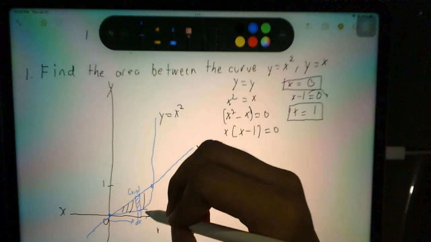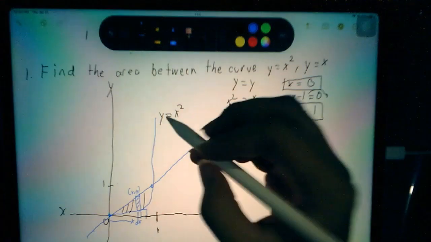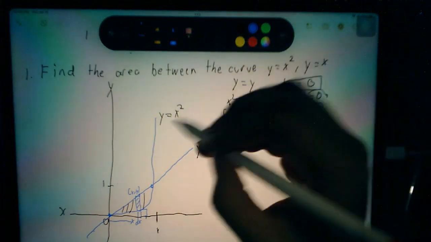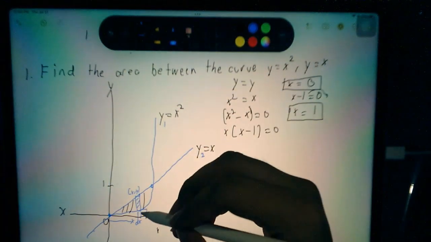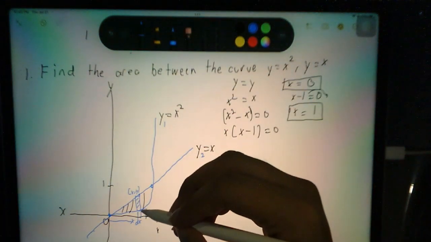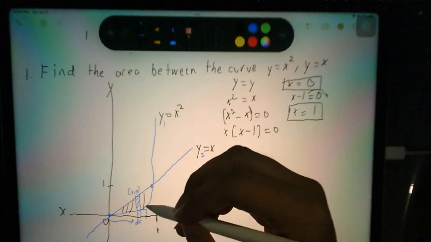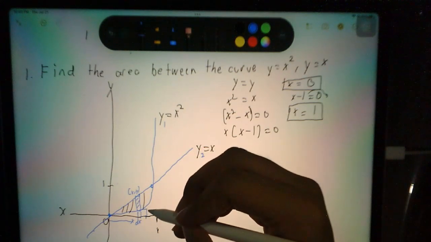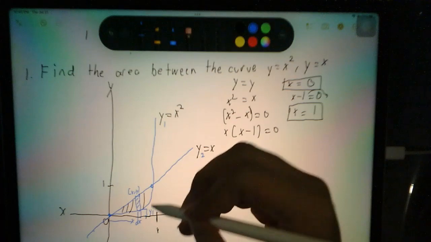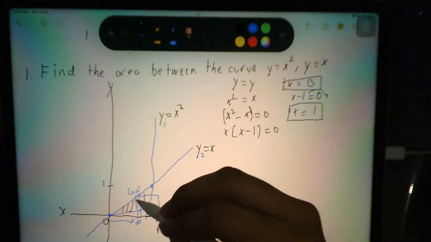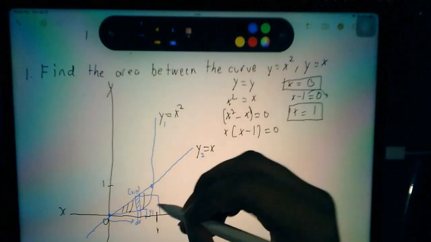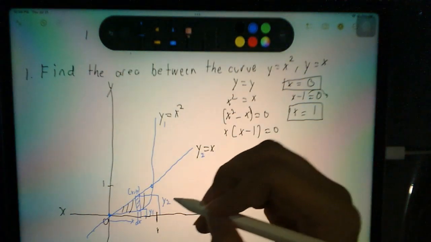The curve touching below the vertical strip, let's name that y1, and where it touches the line here, let's label that y2.